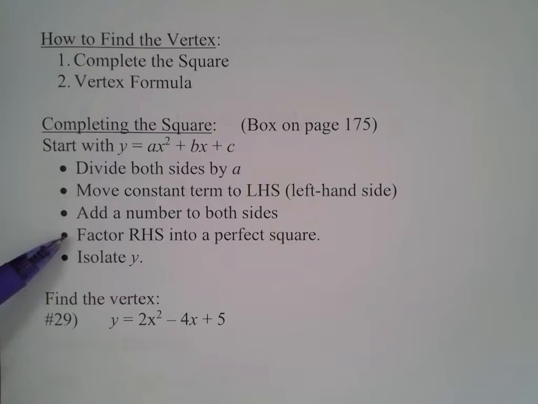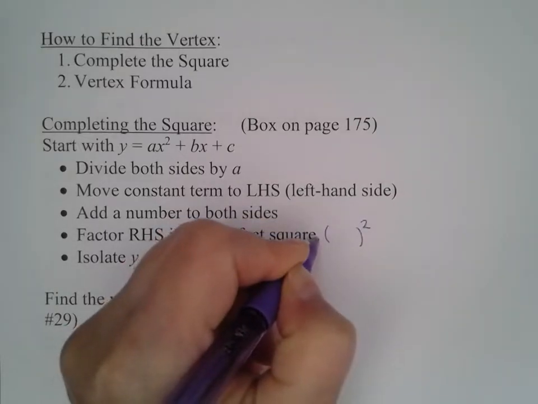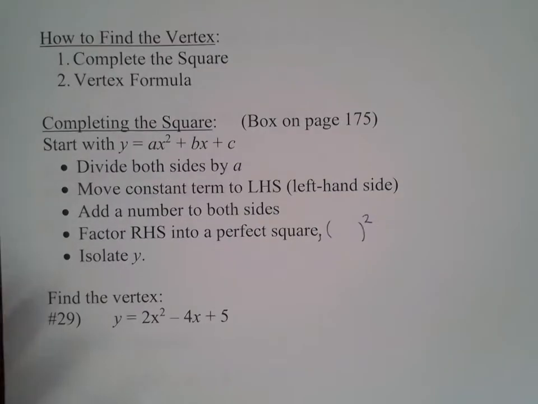Perfect square means we have two parentheses that are identical and that we can then write it as a square. Okay, and that's going to be in line with the vertex format that we've looked at already. Okay, to get it to look like a function again, the last step is to just isolate y. So we're going to kind of undo these first two steps so that we can make it back into a function.